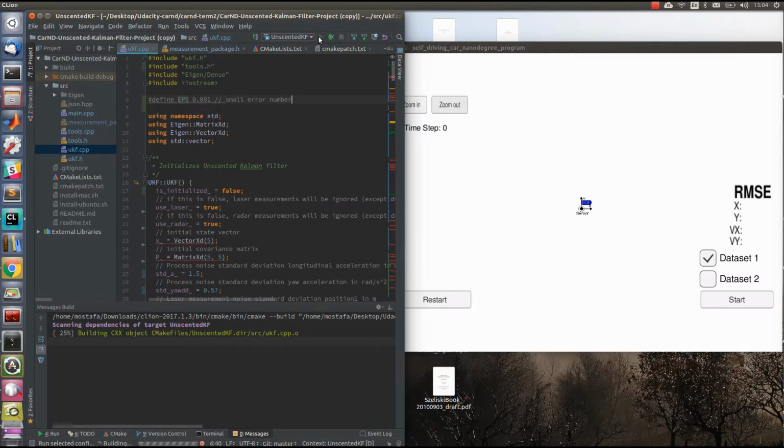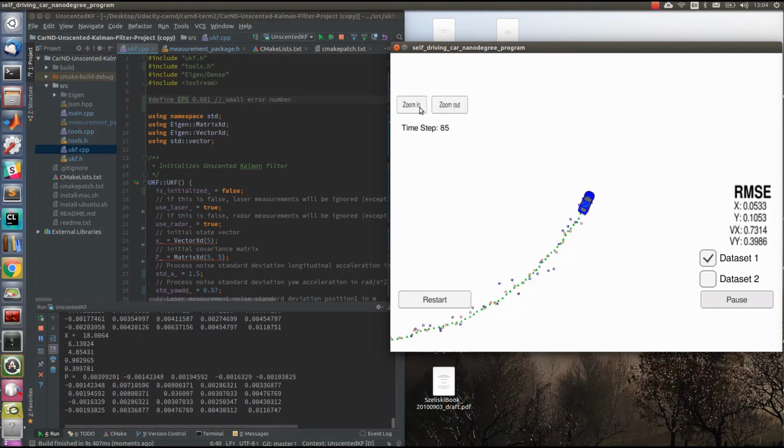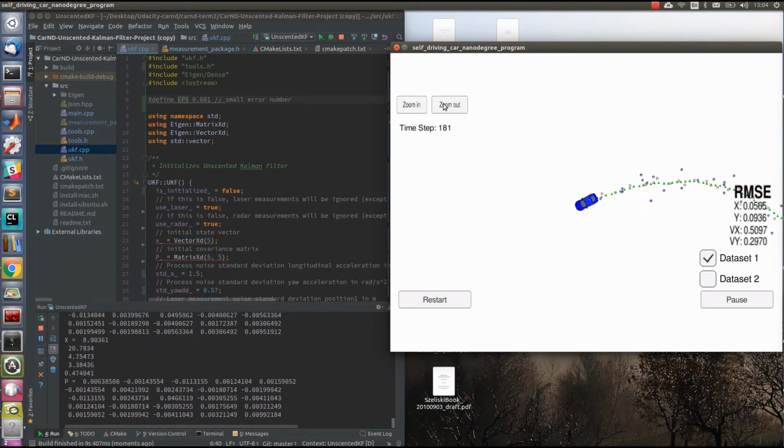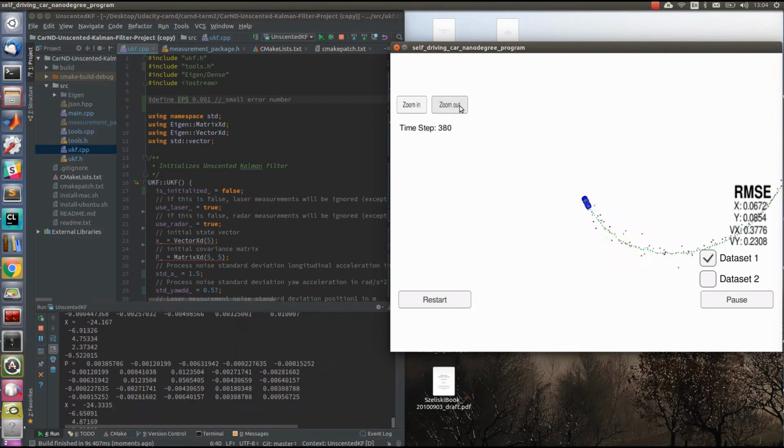So it's now making and building. Yeah, now it's connected. As you see here, this is the port number and it's connected. So when we start our motion, wow, what we see here.